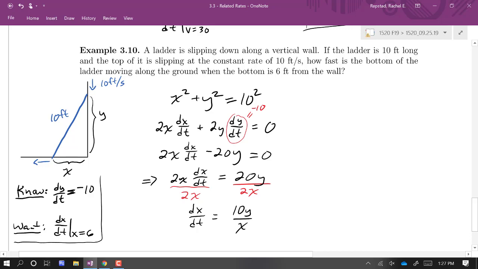Now we're being asked to find dx dt when x is 6. So I look at this equation and think, great, I can plug in x equals 6, but I kind of hit a wall. Pun intended.